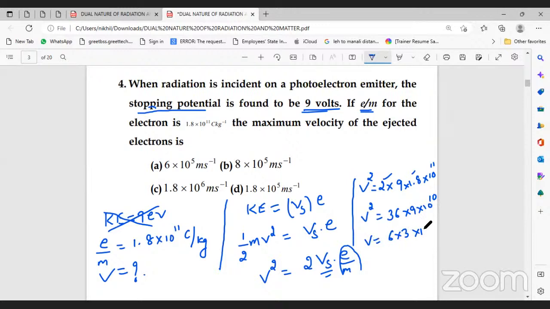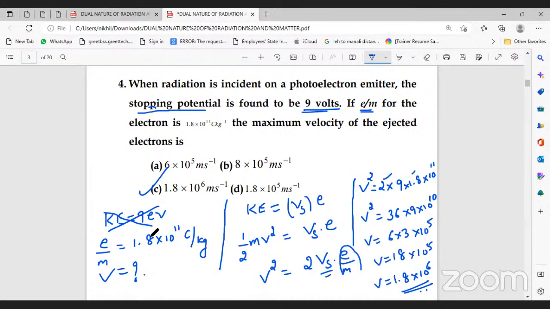V equals 6 into 18 into 10 power 5, or I can take this as 1.8 into 10 power 6. So which is the right option? Option C.